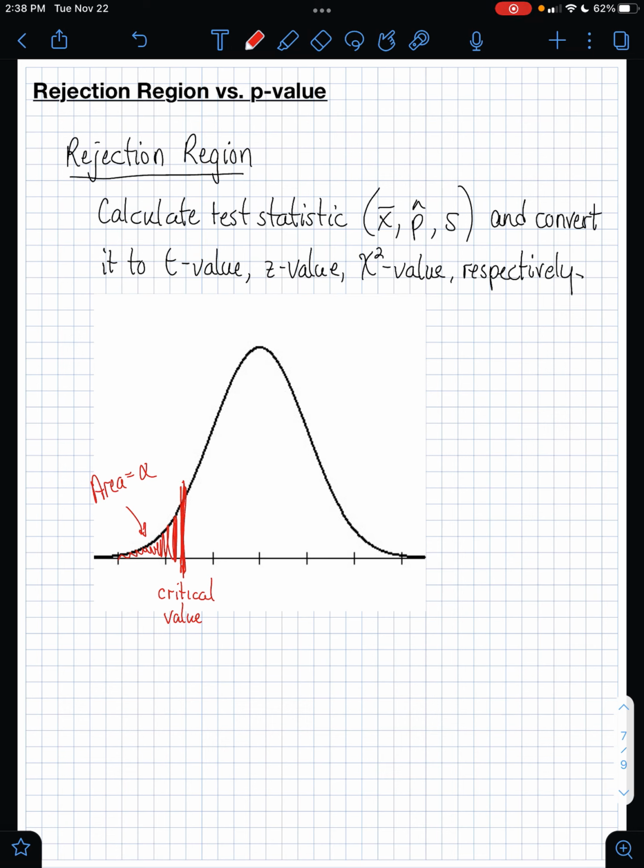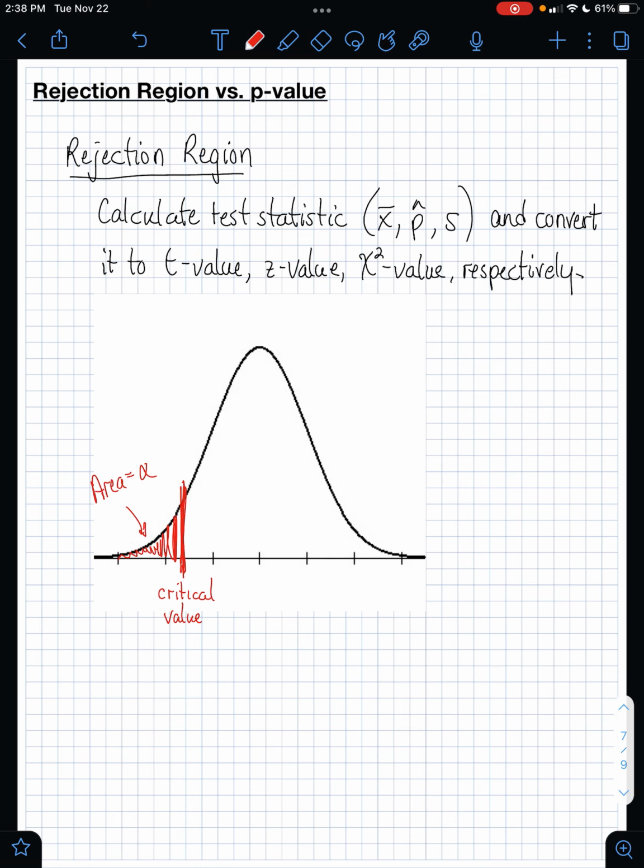Depending on the distribution that we're dealing with, a t, a z, or a chi-squared, we can find this critical value by using an inverse normal distribution, or an inverse t, or the t-table, or the chi-squared table.